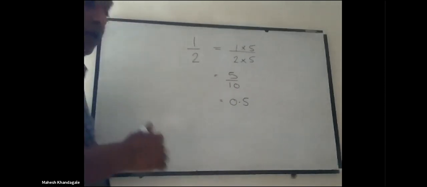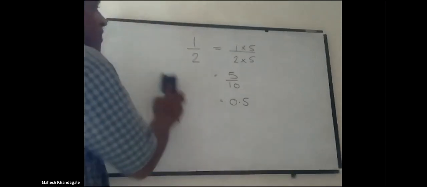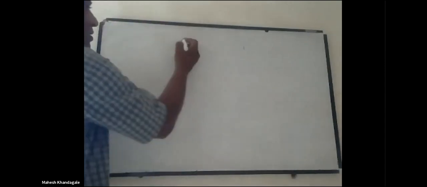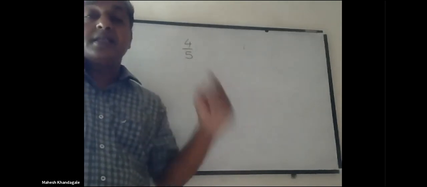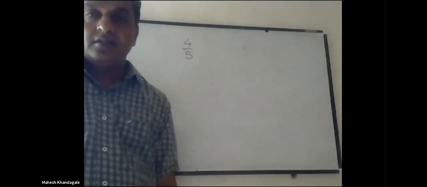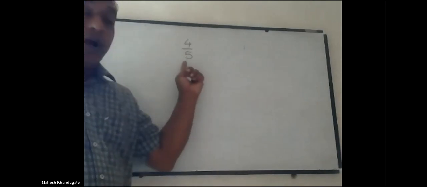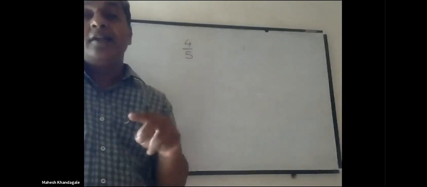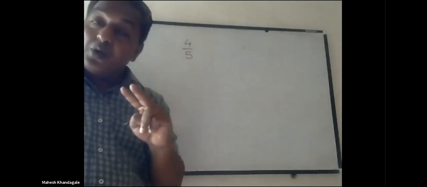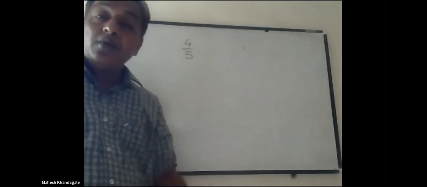Right? Now suppose we want 4 upon 5. Let us see. I want to write this as a decimal fraction. So what will you do? The denominator is 5. So multiply the numerator and denominator by 2 so that the denominator becomes 10.